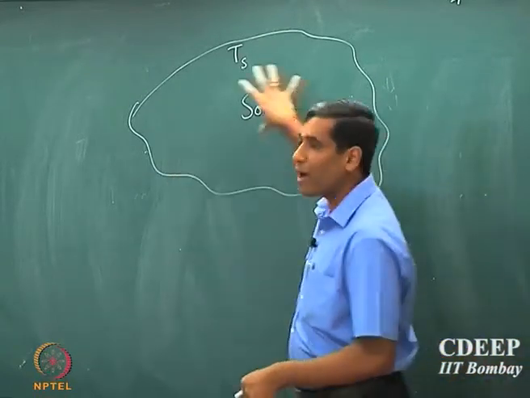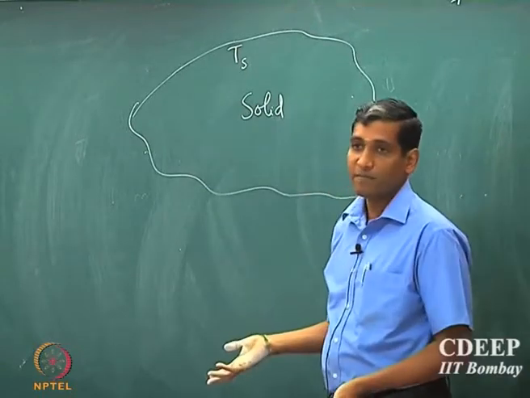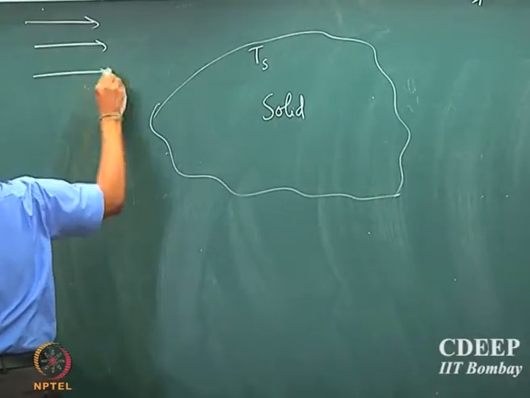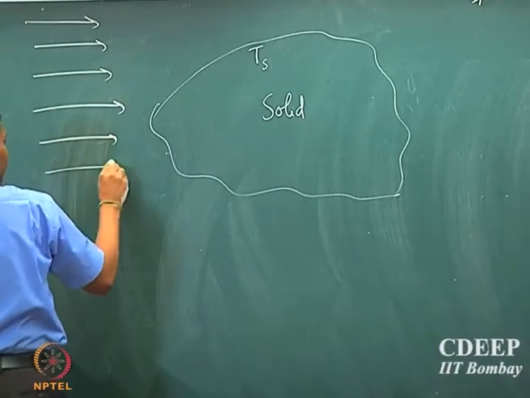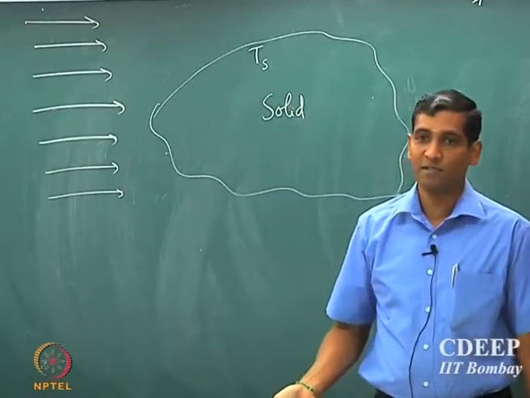We assume that we know everything about the solid, and we know the temperature of the surface, and we do not know the properties or the heat transfer rate, etc., of the fluid which may be flowing past this object.